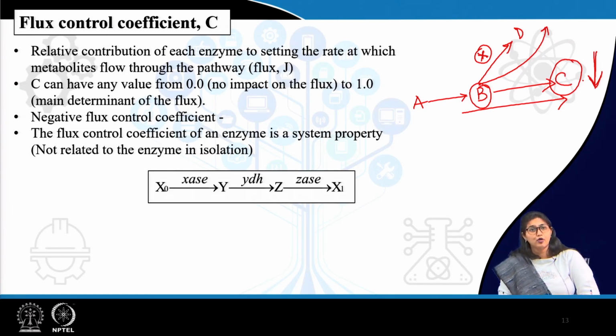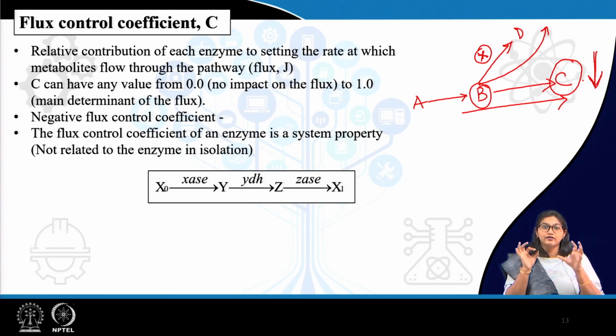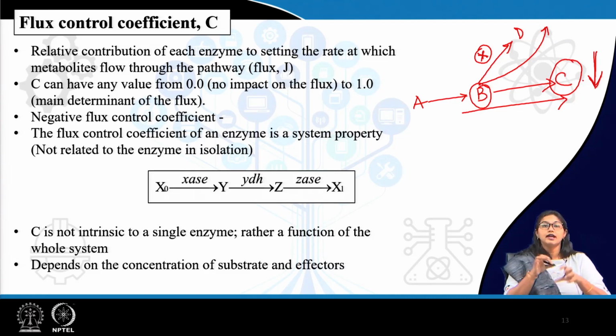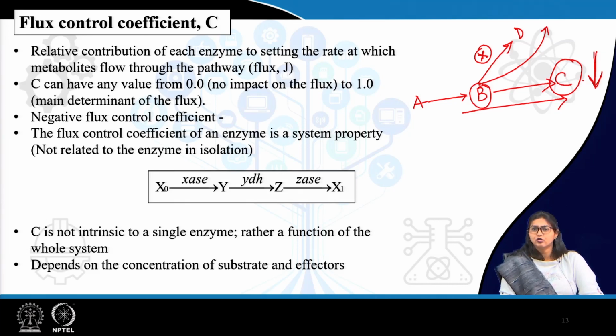Now, remember one very important thing: the flux control coefficient is not the property of the enzyme, rather it is the property of the system, because all the metabolites, all the environments are actually affecting the enzyme's role over the pathway, and it also depends on the availability of the substrate and additional external effectors like allosteric regulators or other cofactors.